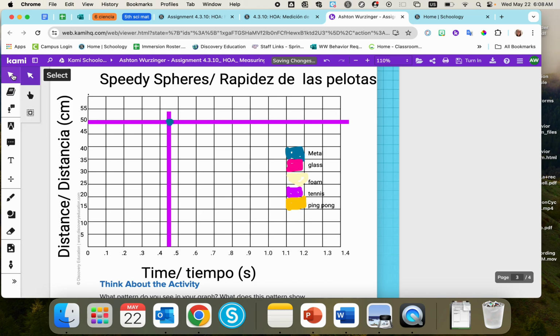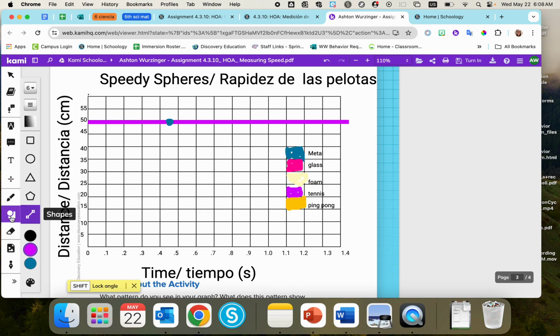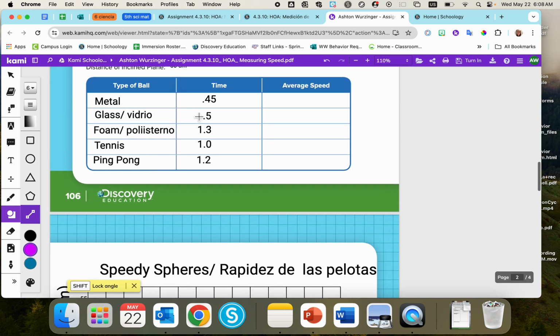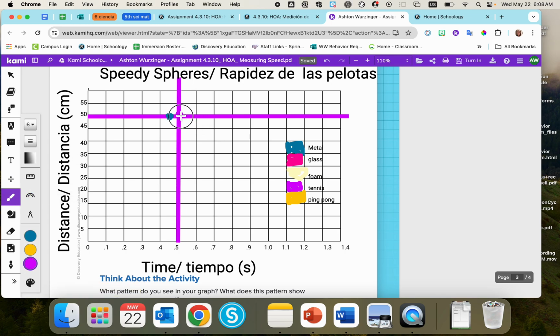And that's going to be my metal. Then I'm going to look at my glass time, which is 0.5. So again, using this line, I've got 0.5, and where they match is where I'm going to do my next dot. Oh, I got the wrong color. I want the bright pink.